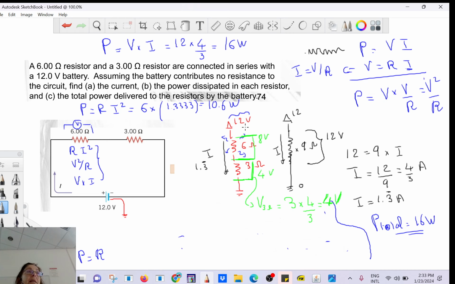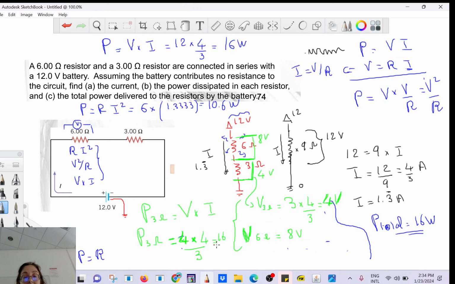So let's find the power. The voltage across the 6 ohm equals 8 volts. And you see it's twice as much here because the resistance is twice as much. Power consumed by the 3 ohm: I'm going to use the equation V times I, and let's see if we get the same thing. The voltage drop is 4 times the current 4 over 3.